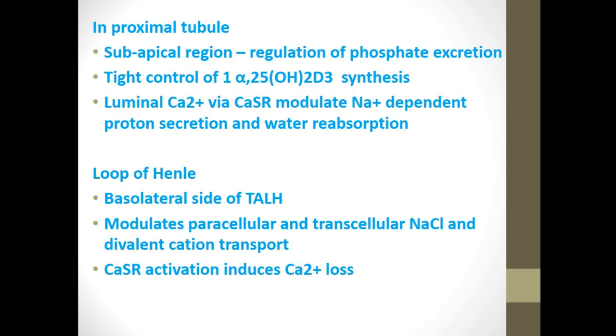Divalent cation means Ca2 plus, Mg2 plus. These divalent cation transports are activated or modulated. The third condition, calcium sensing receptor activation happens, and this activation induces Ca2 plus ion, that is calcium ion loss in the loop of Henle. So all the three events are connected with the loop of Henle.